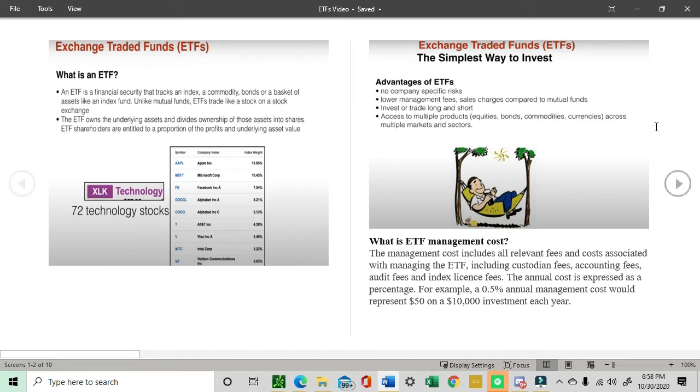The advantage of ETFs is there's no company-specific risk. What does that mean? Let's say we invest in Apple, and we're doing great, up 10%, 15%, whatever it is. Now Apple releases some negative news and the company pulls back and has a red day. That's going to affect your overall portfolio if you're only holding Apple.